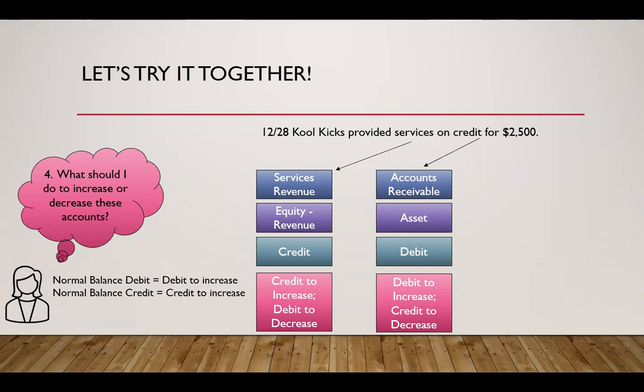Like I just collapsed question 3 and 4 together. And that is because you're starting to understand this whole process in terms of debits and credits. And you'll get to the point where you won't have to ask yourself the 5 questions. You'll be able to immediately jump to, hey, I know I need to debit this account. I know I need to credit this account. But use the 5 questions to help you until you get there.